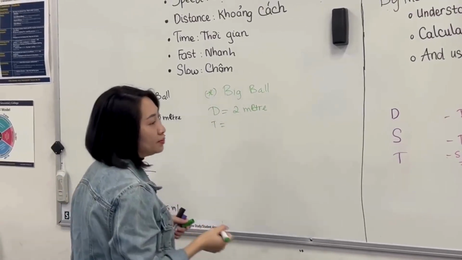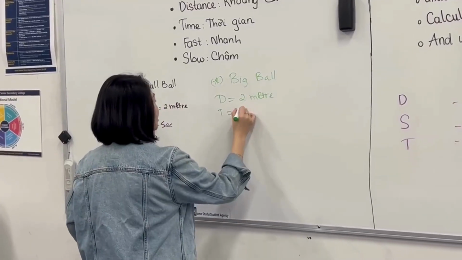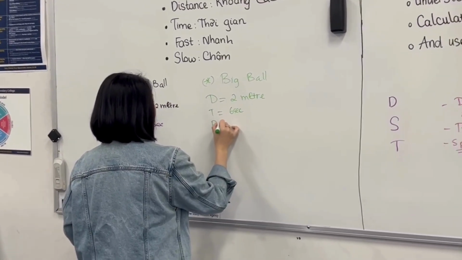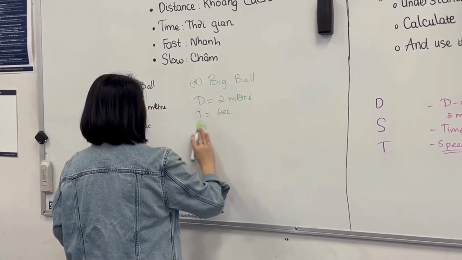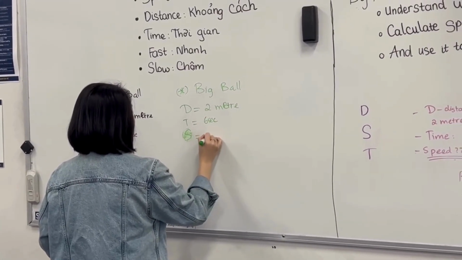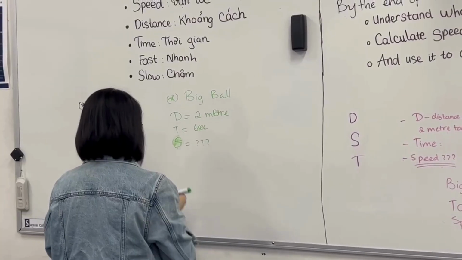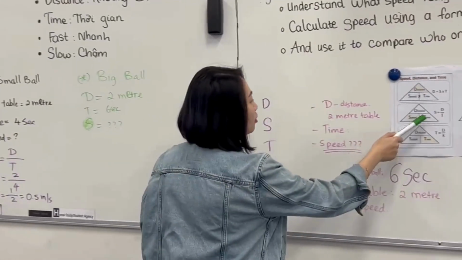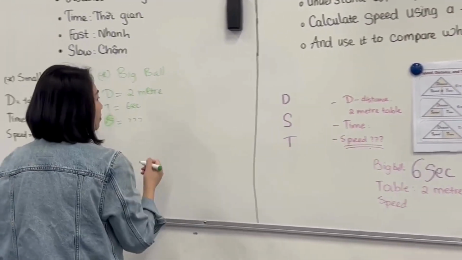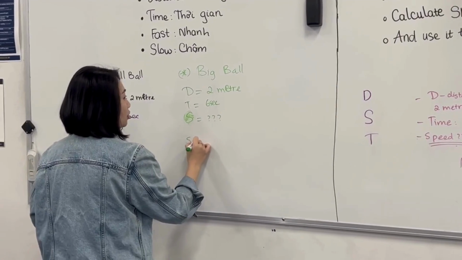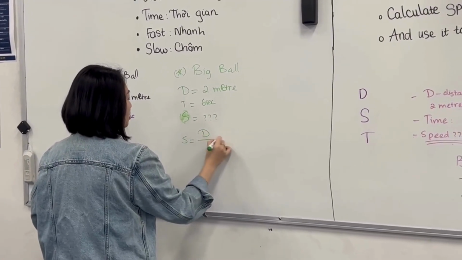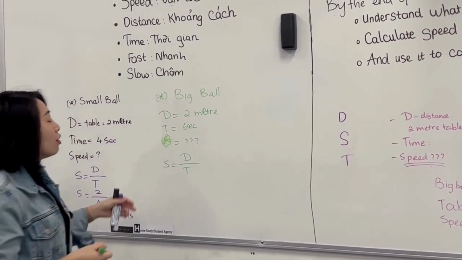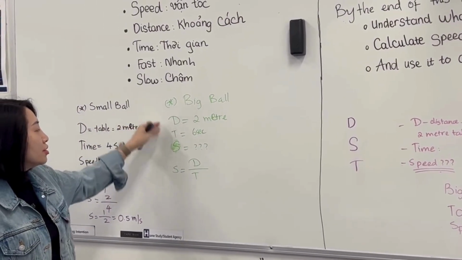How much for time? 6 seconds. And we're going to find out the speed. What formula are we going to apply? Yes, again, the middle formula. So we have speed equals distance over time.